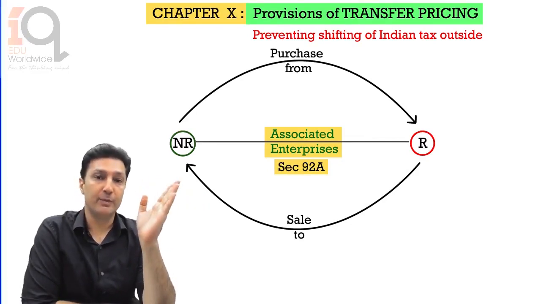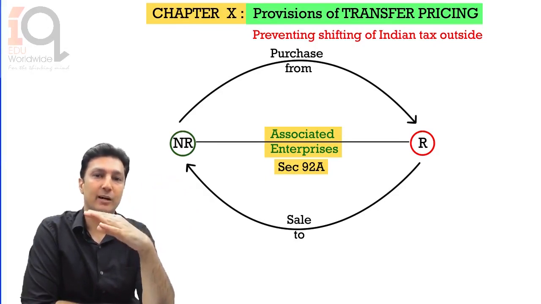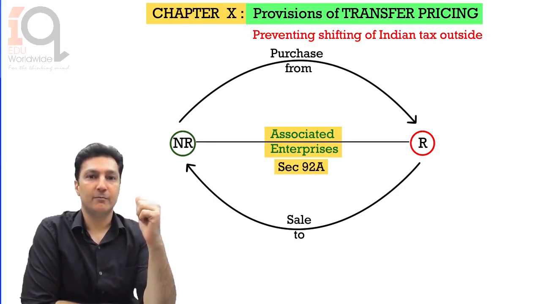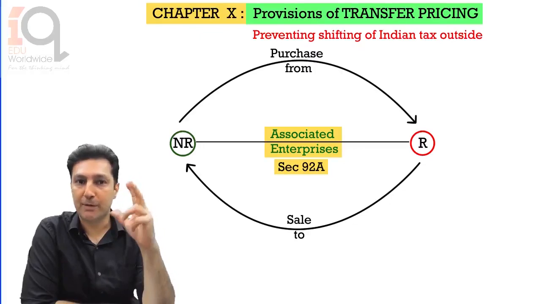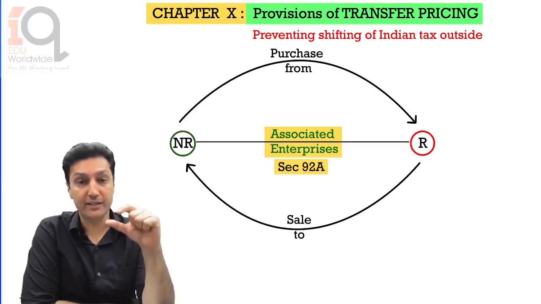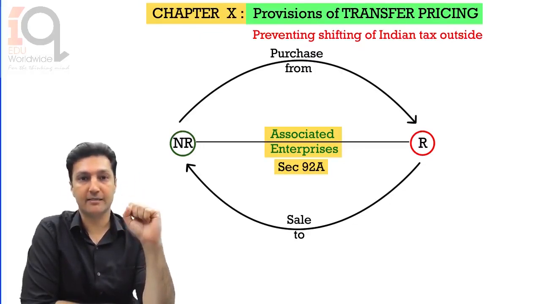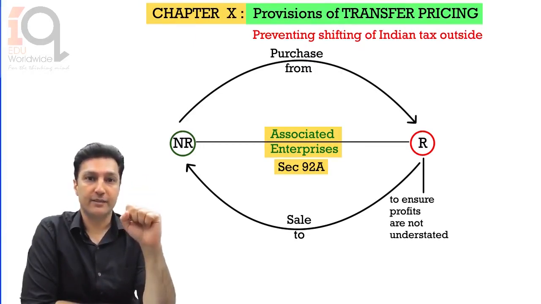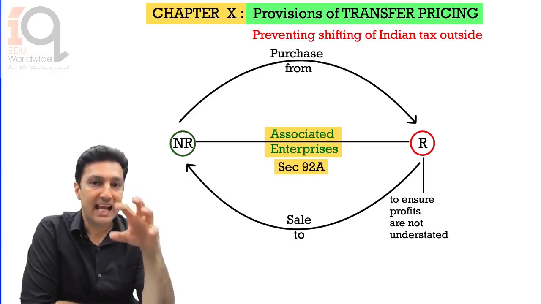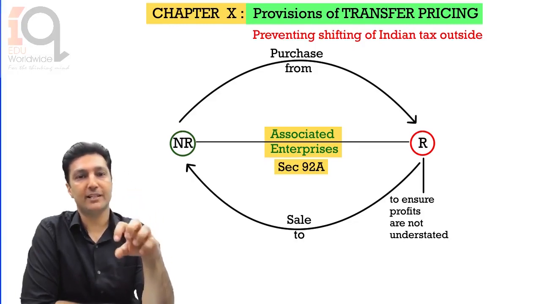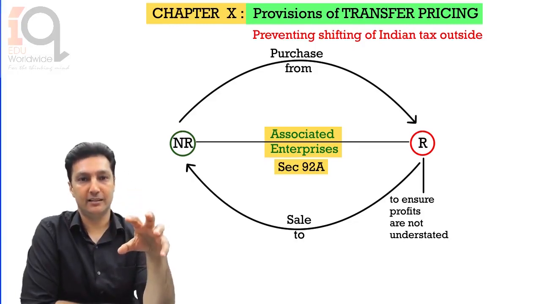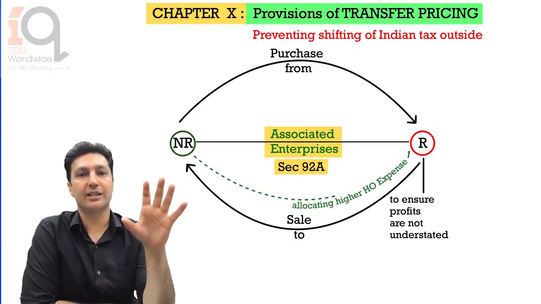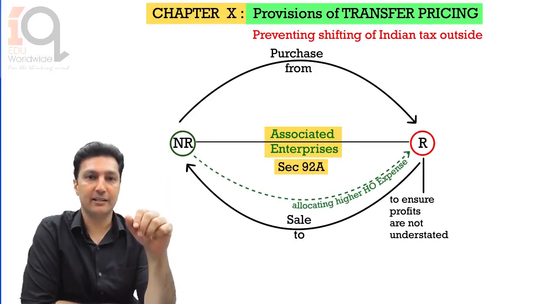So, there could be sales into India or sales out of India, and by manipulating the price of that transaction, the profits in India could be under-assessed. Or maybe in Singapore there is a head office. By allocating extra head office expenditure to the Indian entity, they could be reducing their tax liability in India.